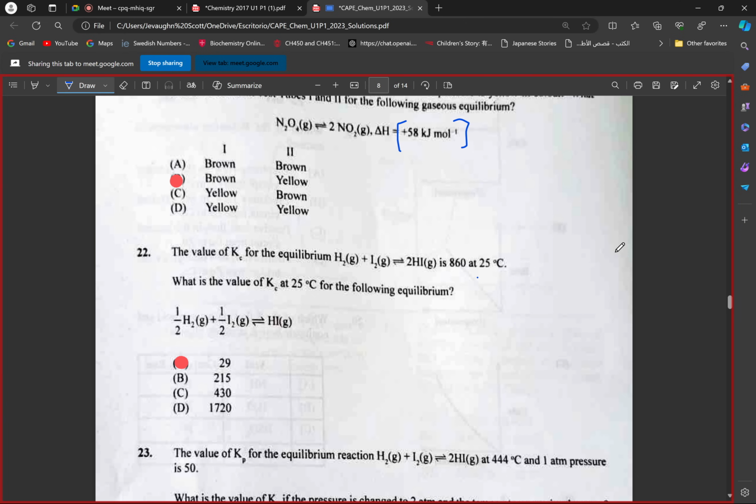So what's going to happen here? How did we get the 29? We have 860 as a value. How do we get 29?